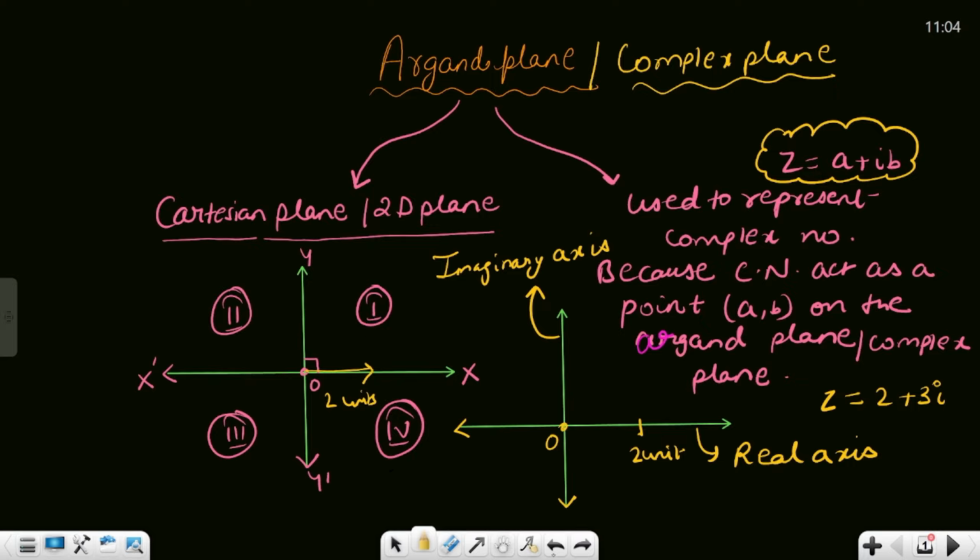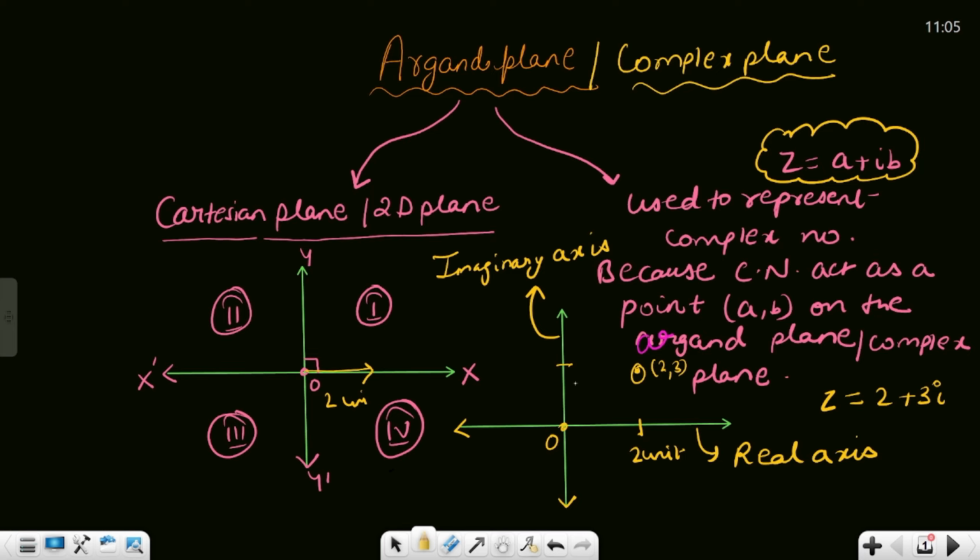See, a and b are the real parts only, as I told you previously. On the real axis we move 2 units in the horizontal direction, and along the imaginary axis we go 3 units up. So this point will be 2 comma 3.